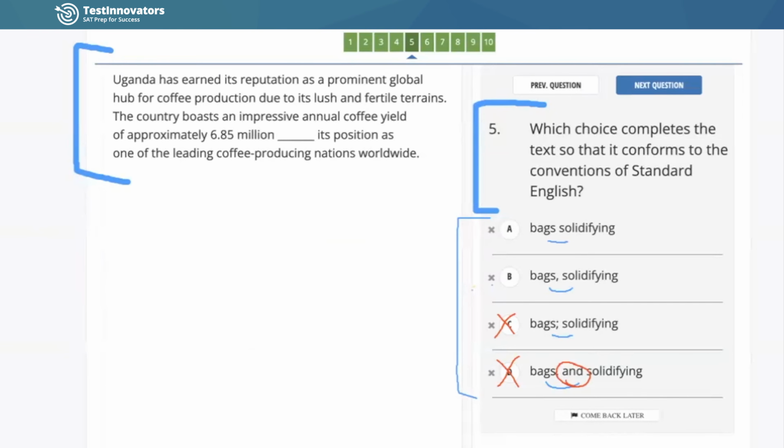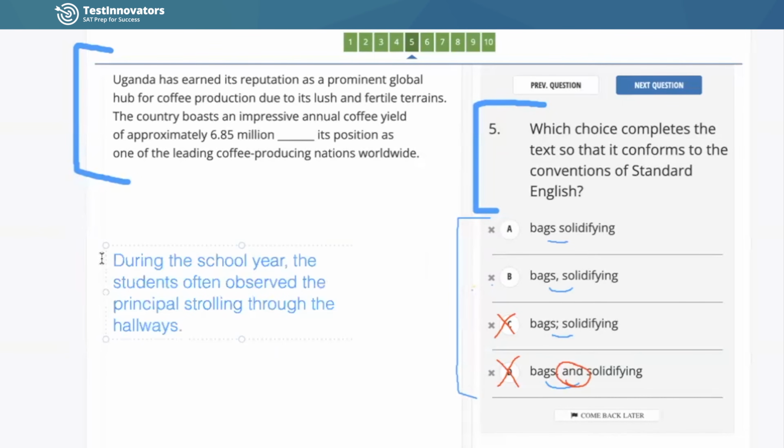Let me give you an example of what I mean. So let's say we're looking at the following sentence. During the school year, the students often observe the principal strolling through the hallways. In this sentence, there is no comma between principal and strolling.